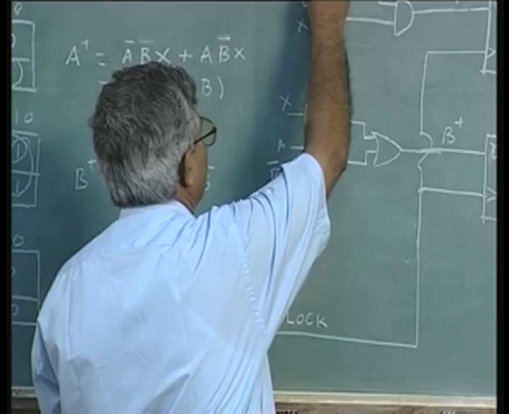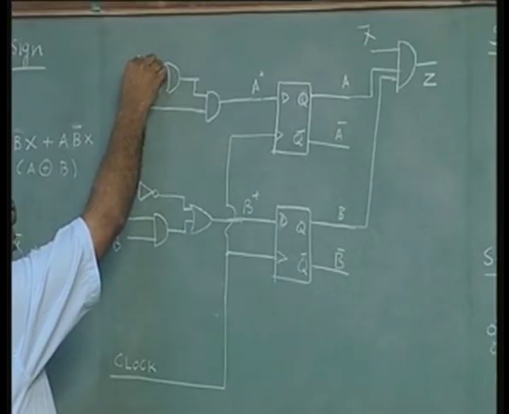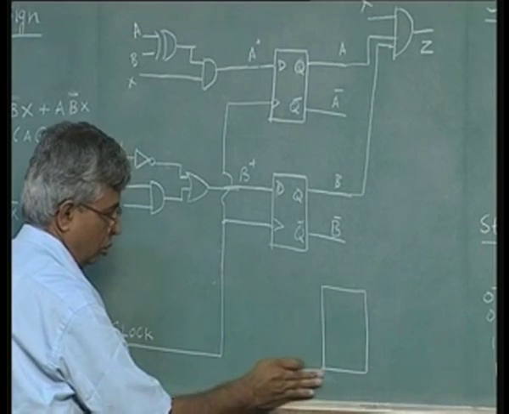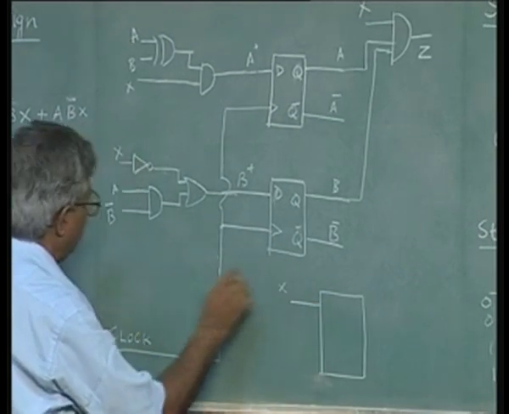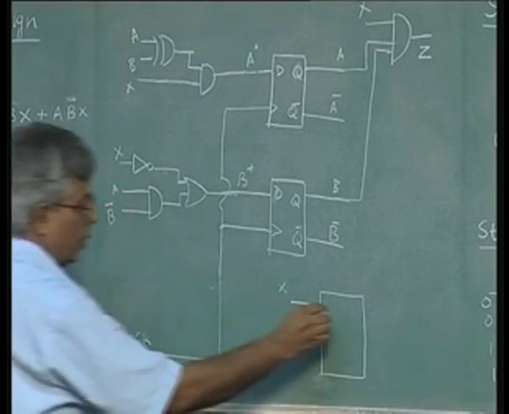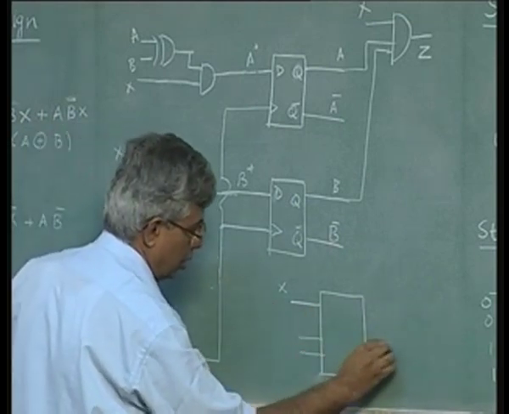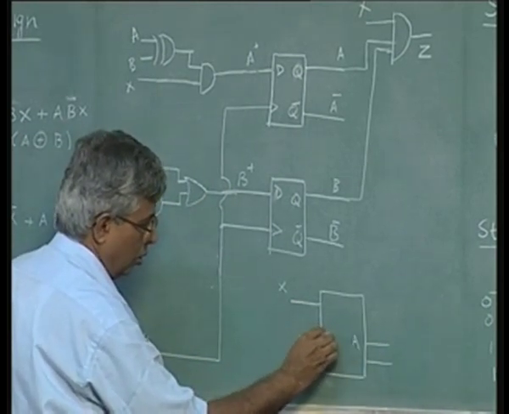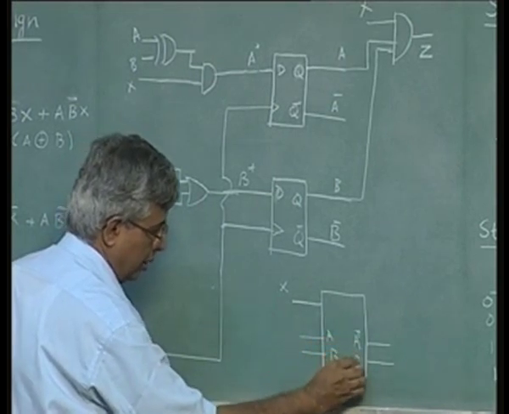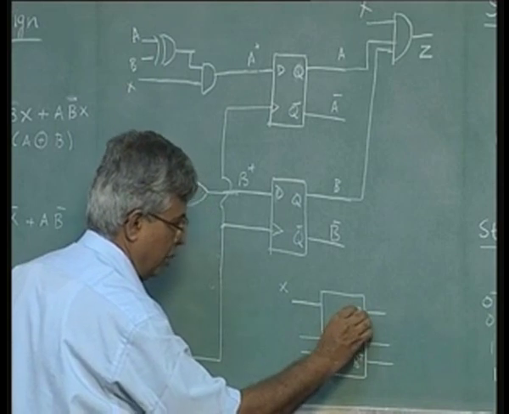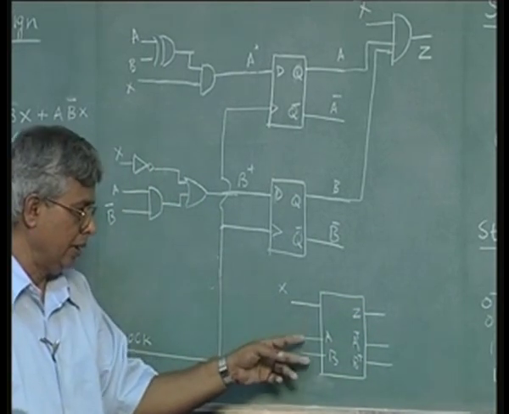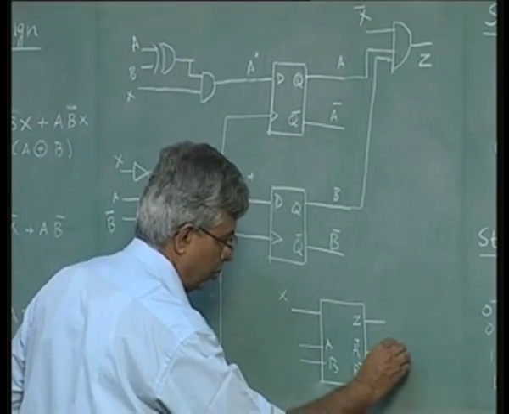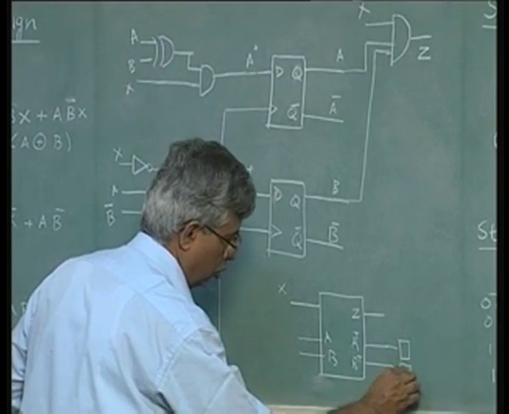The inputs are A, B and X. A, B are the state variables, X is the input variable which is going here. So, we combine X, A, B to get A plus, B plus and Z. This is a typical Mealy circuit because output combines the present state variables and the present input, and the next state variables are obtained here using flip flops which are fed back.